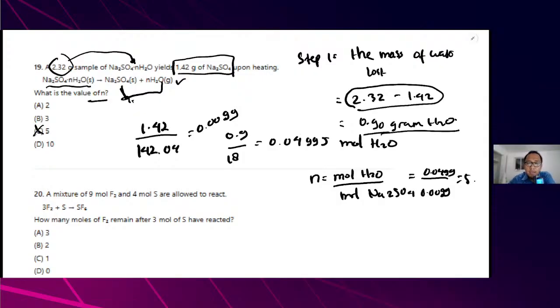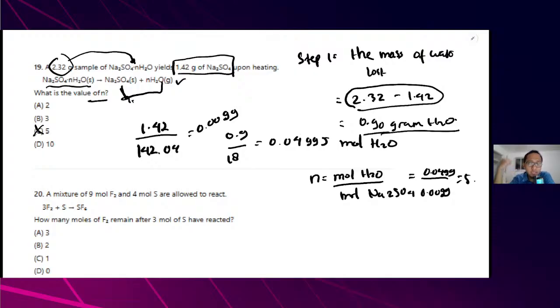And then we need to convert both values, salt and then water, to moles, to find the mole ratio. Then find the mole ratio of water. Remember, water over salt. Water over salt for hydrate problems.